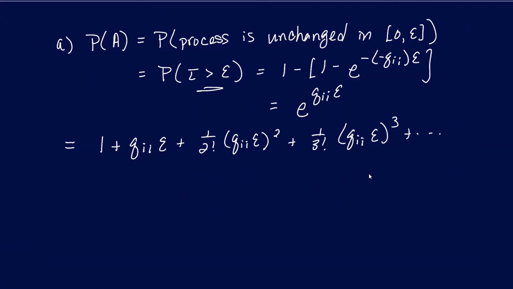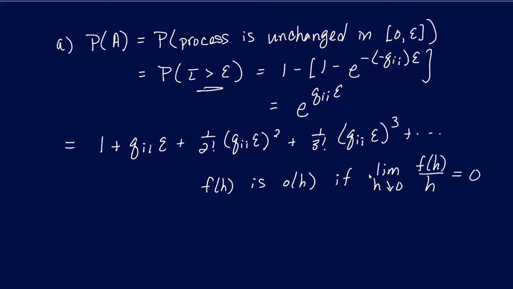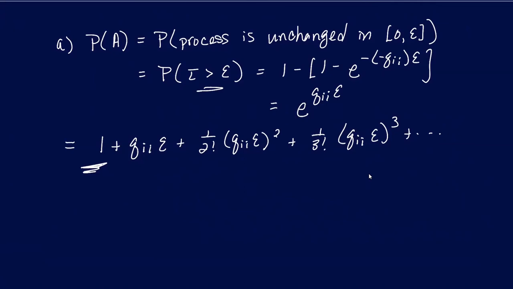So recall that a function f of h is little o of h if it's going to 0 as h goes to 0, and it's going fast enough to be able to outrun a denominator that's also going to 0. If something is little o of epsilon squared, then these h's are just going to be epsilon squareds. Going back to the expression we have here, what that's going to do is knock out the terms that have epsilon cubed or higher.